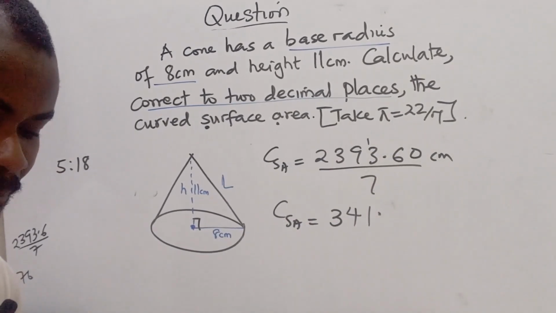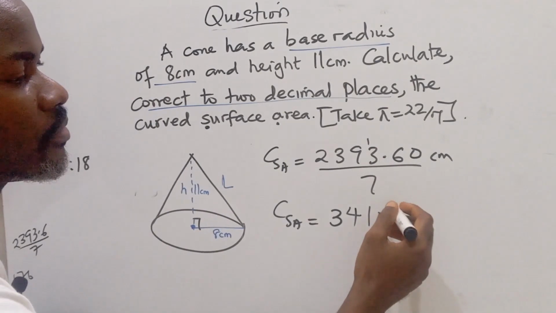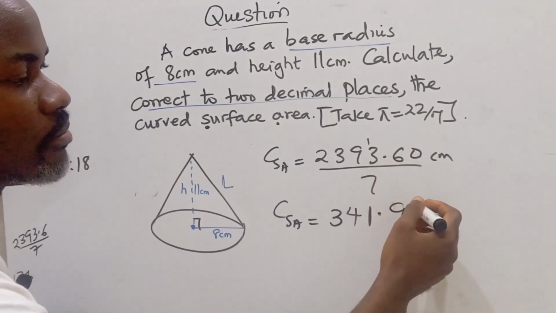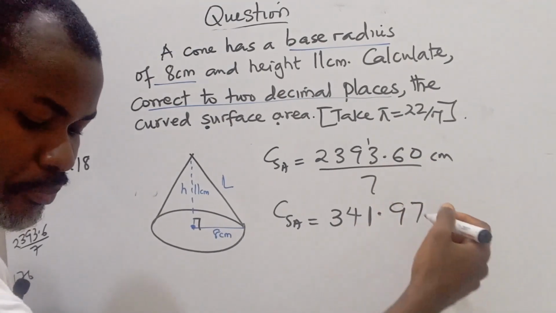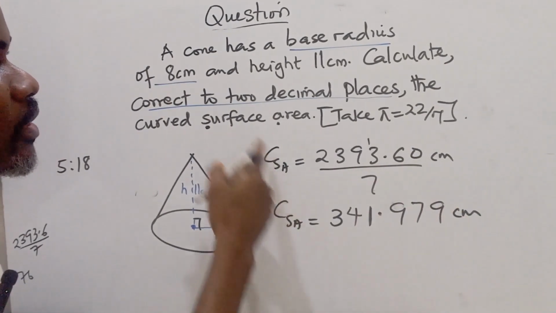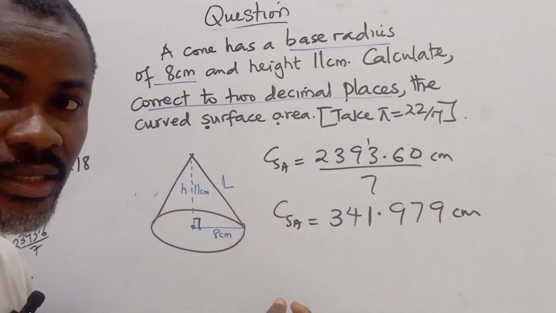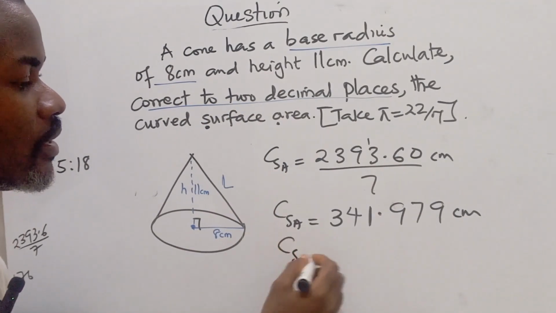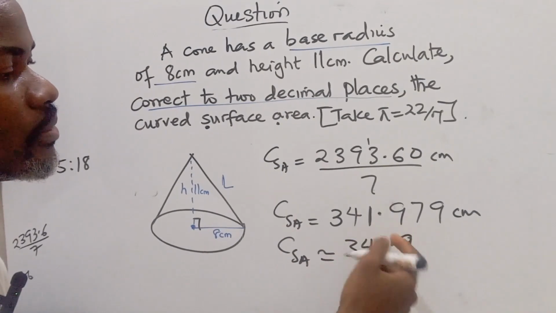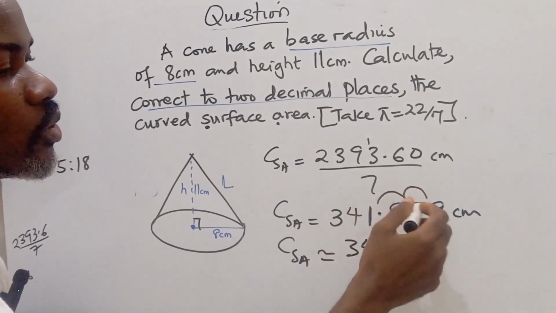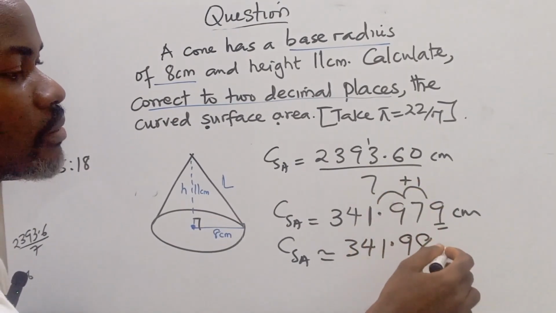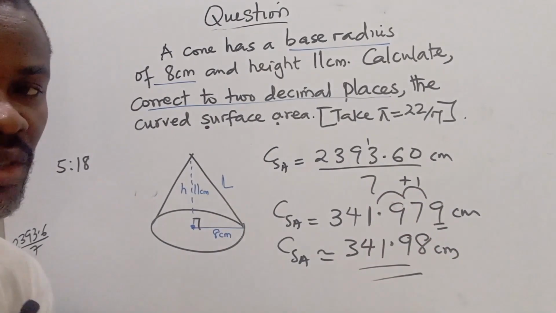We are going to be seeing a figure like 9, continue, 7 and 9 centimeters. If we correct this to 2 decimal places, we are going to have CSA as approximately 341.9. This is 5 and above, so we round up here, so we have 8 centimeters. So this gives us the solution to this problem.